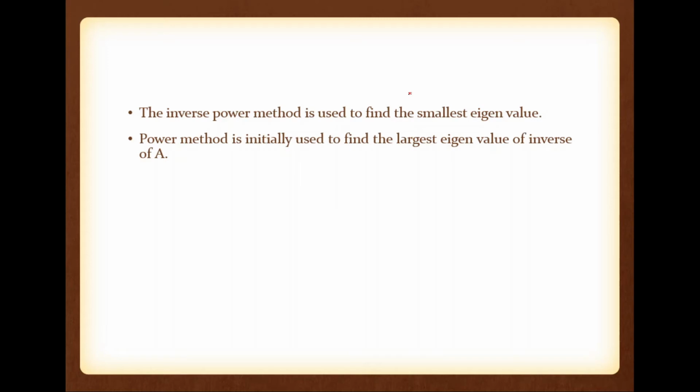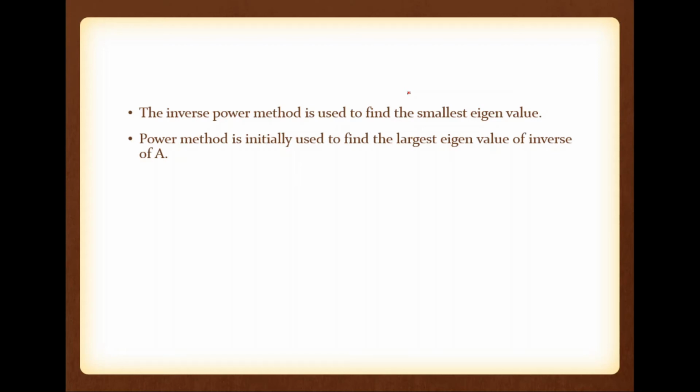What are we doing? In order to find the smallest eigenvalue, we first find the inverse of the given matrix. Then we find the largest eigenvalue of the inverse of A, first using the power method.